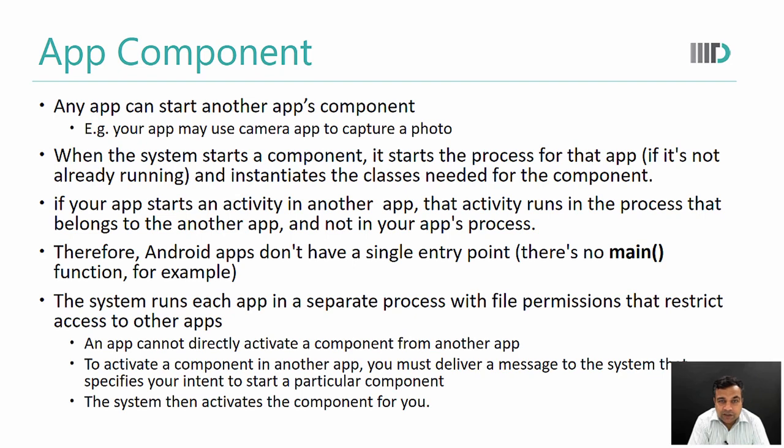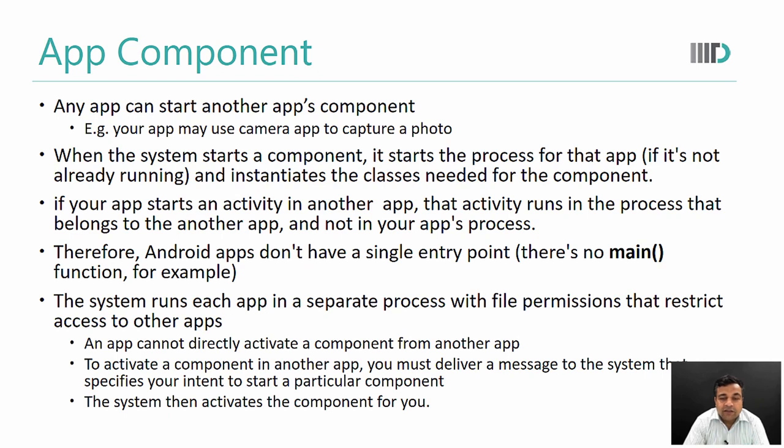And this is also the reason why there is no main function in an Android program. Some of you have already noticed that you could not find a main function. Others may not have looked closely, but now you can look for this and you will not find a main function, because a main function essentially implies that that's where the execution starts. But this is not true for Android applications. An Android application may start whenever any component is initialized.